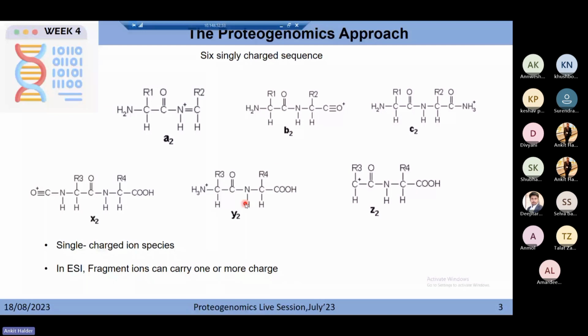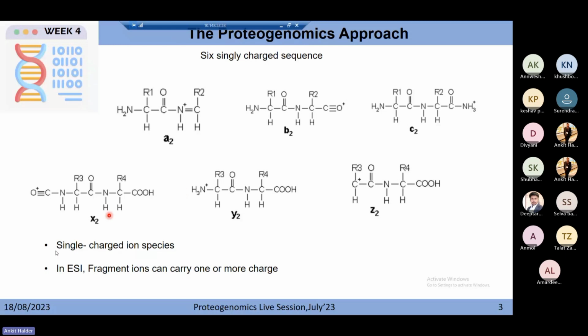The way the peptide is fragmented favors the y ions, which are detected to finally identify the amino acid sequence. So these are all the singly charged ion species, and how they look when fragmented from a particular peptide.